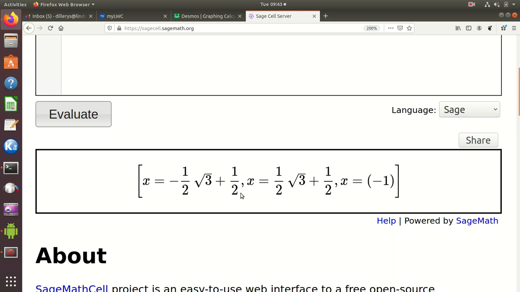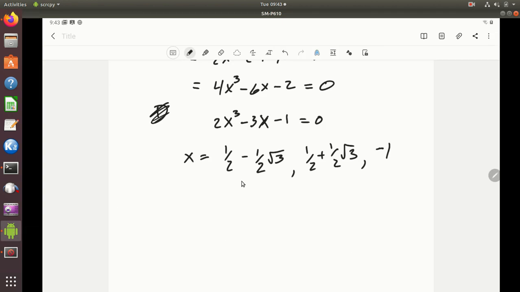So the first one is 1/2 minus 1/2 times the square root of 3. I have another one that is the conjugate of that, not the complex conjugate, but just a plus, and then -1. Okay, so I go back here. There are my three critical numbers.